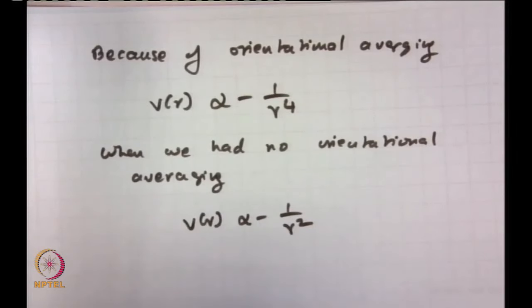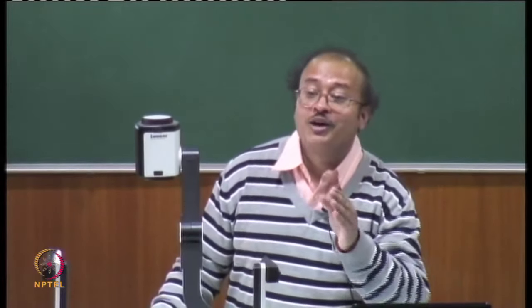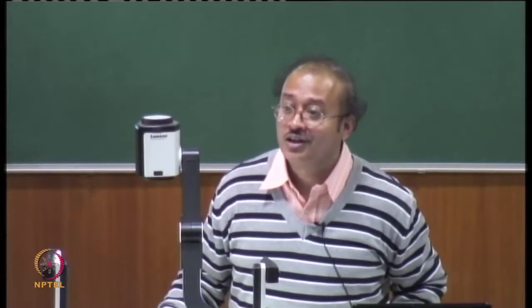The one we derived for this dipole-dipole interaction, what was it? It was 1 by r cubed, right, for a fixed angle theta. So, in that case also, if you bring in this orientational averaging, where will it go to? It will go to 1 by r to the power 6. Take this 1 by r to the power 6 and extend it to what you know in case of van der Waals interaction, the attractive forces. What was the last term? The last term was also r to the power 6.